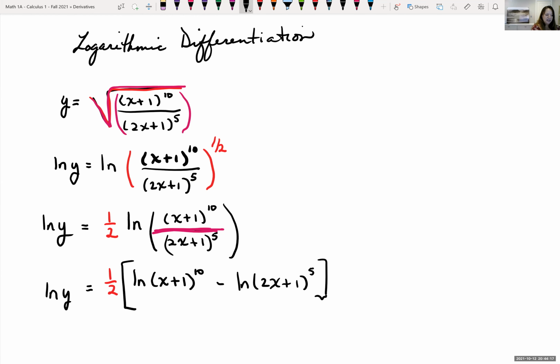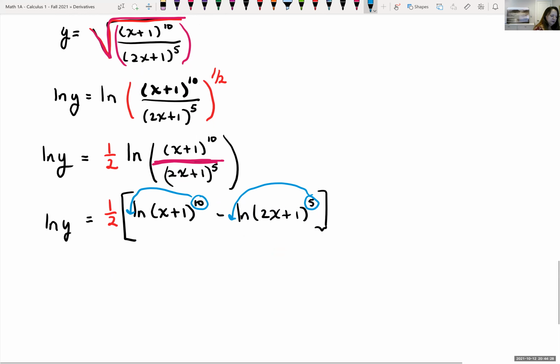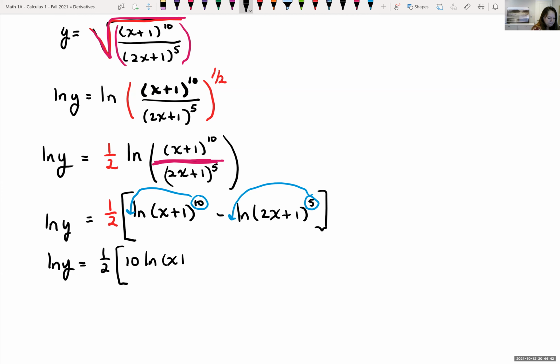And so again, I can use those rules of exponents to bring these exponents down front. And so doing that, we still have the natural log of y, and that one side equals 1/2 times 10 natural log of x plus 1 minus 5 natural log of 2x plus 1.